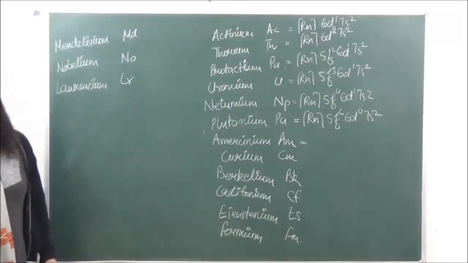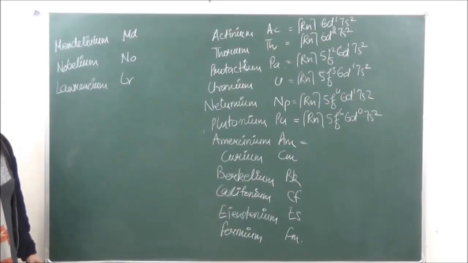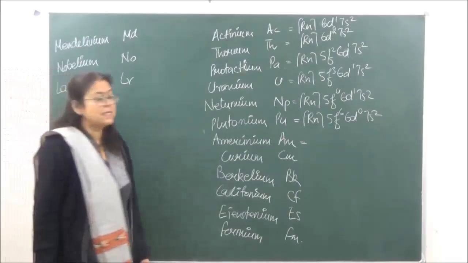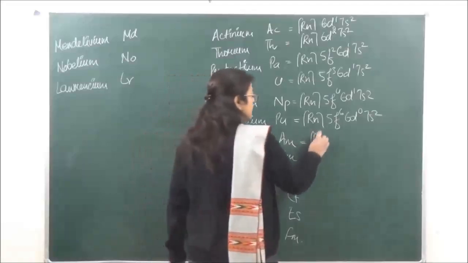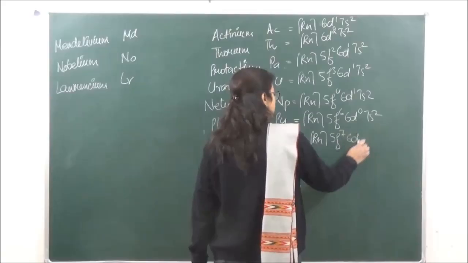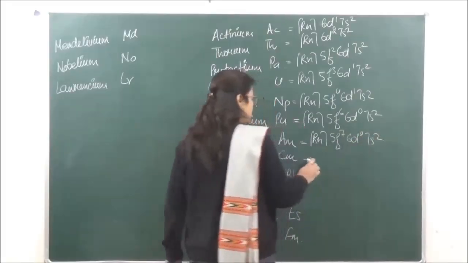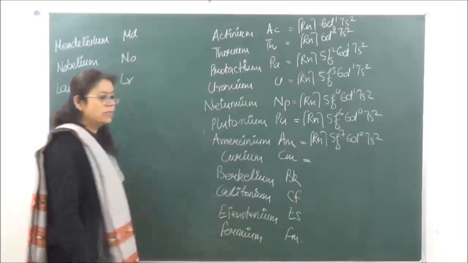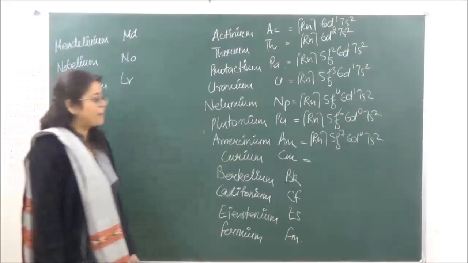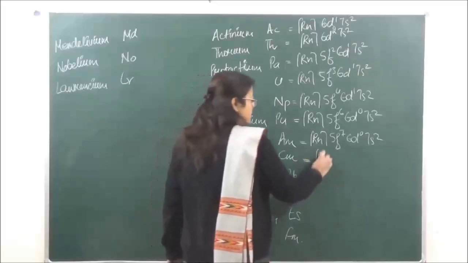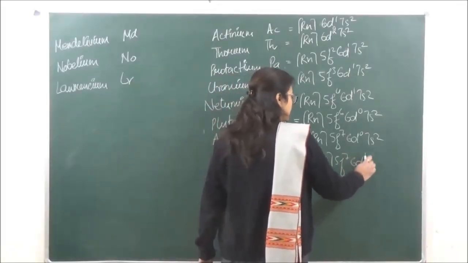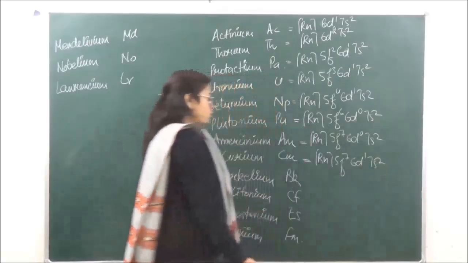Then the next one is americium. In this case, we are going to have 5f7, 6d0, 7s2. Okay? Then the next one is curium. In case of curium, we are going to have 5f7, 6d1, 7s2.